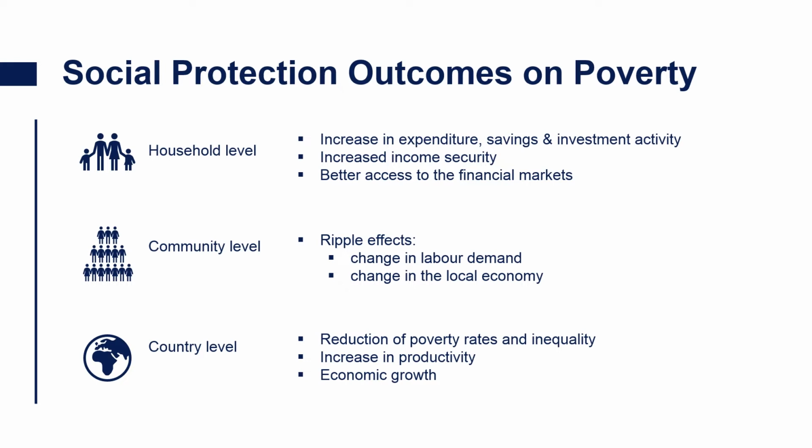When it does not have an effect, this is often due to faulty program design or a weak implementation, such as low benefit levels or infrequent delivery. The overall productivity is set to increase, and with it, the economic performance of a country.